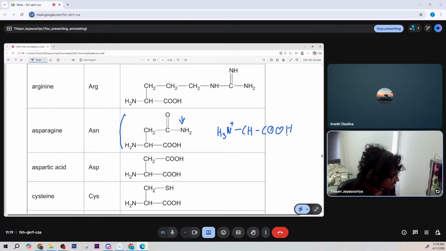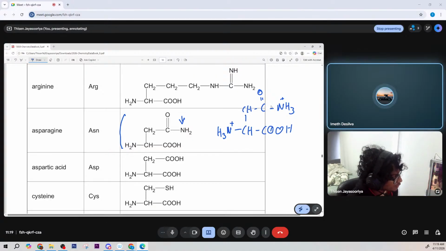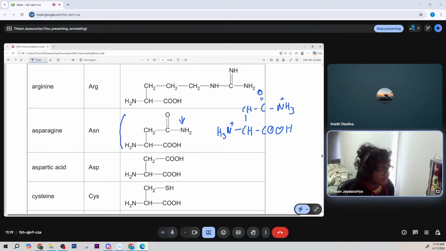So it's going to form the regular backbone plus this over here. This is what it's going to form. And do you see how, because it's acting as a base, remember? It's accepting ions, but it's not donating.